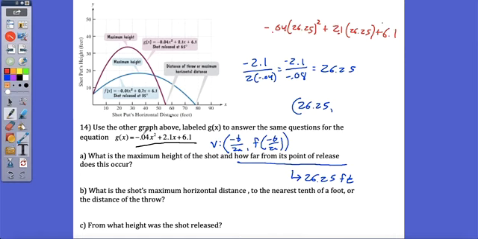This will answer the question, what's the maximum height of the shot? Because that's the y coordinate of the vertex right here. Based on the look of the graph, it should be something in the low 30s. So let's see if we can get this. So we plug it into our calculator.